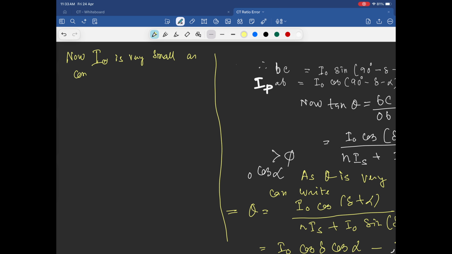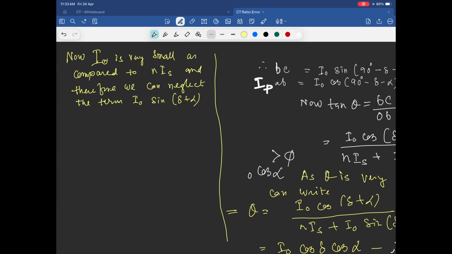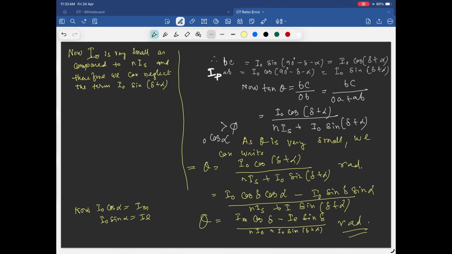I0 is very small as compared to NIS, so we can neglect the term I0 sin of delta plus alpha. So theta will be I0 cos of delta plus alpha by NIS.